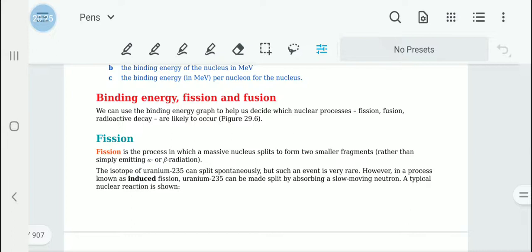Fission, under that, is the process in which a massive nucleus splits to form two smaller nuclei.